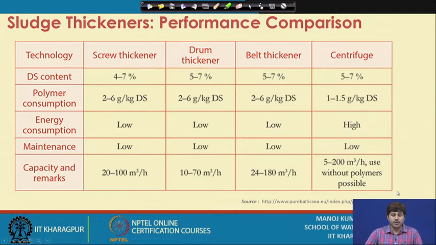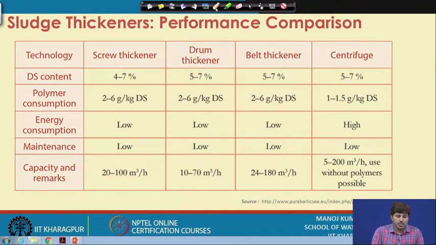If we see the performance of these different types of sludge thickeners, particularly the mechanical sludge thickeners, we have the screw thickener, drum thickener, belt thickener, and centrifuge. Their dry solids content ranges from 4 to 7%, 5 to 7%, 5 to 7%.